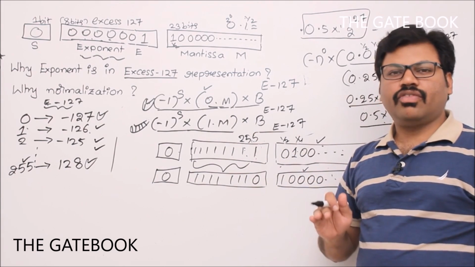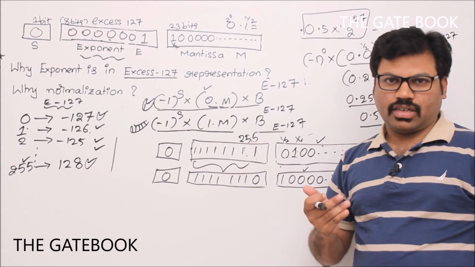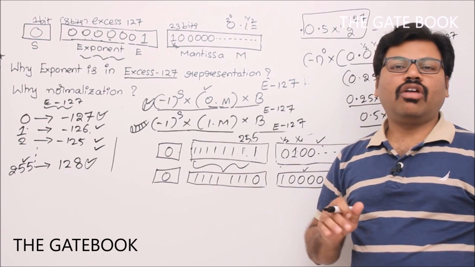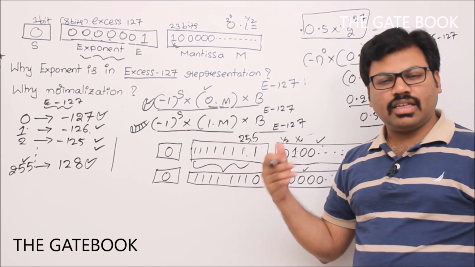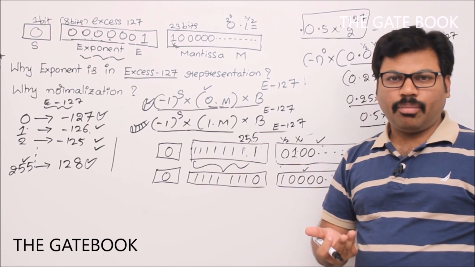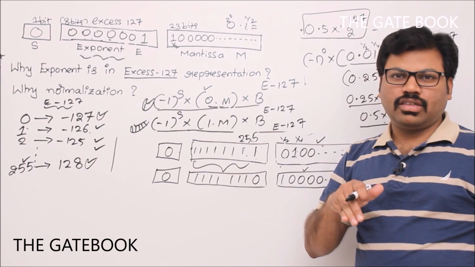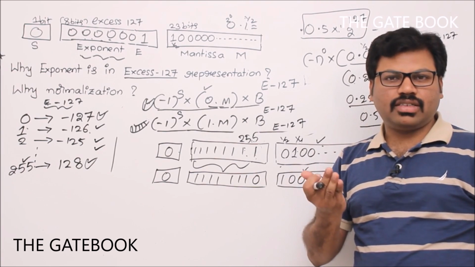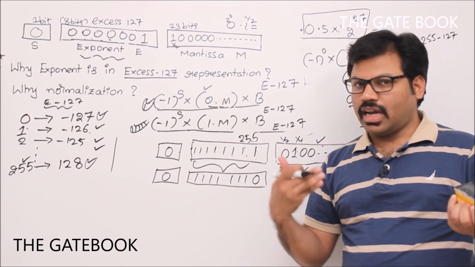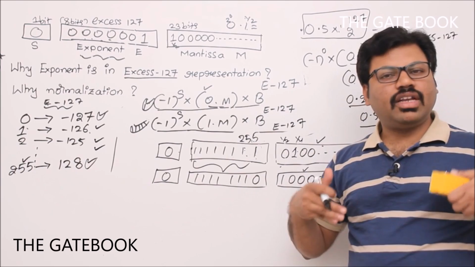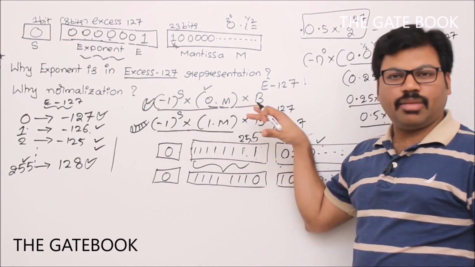To avoid that, we have to normalize the mantissa. The second reason why we have to normalize the mantissa is, if you have multiple patterns, then we will be unnecessarily wasting patterns to represent a number, correct? If we had saved those patterns, then we could have used them for other numbers, isn't it? Then our representation capability will be increased using the same number of bits.